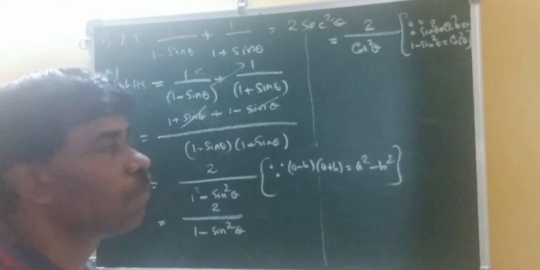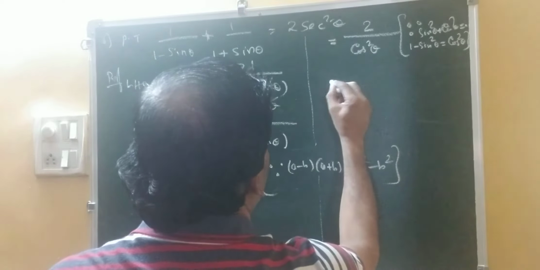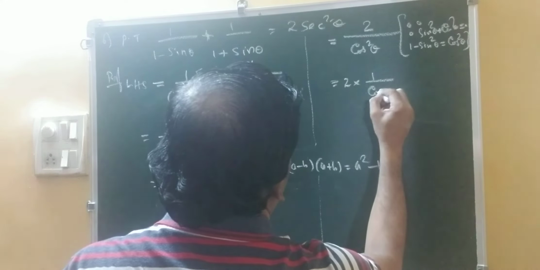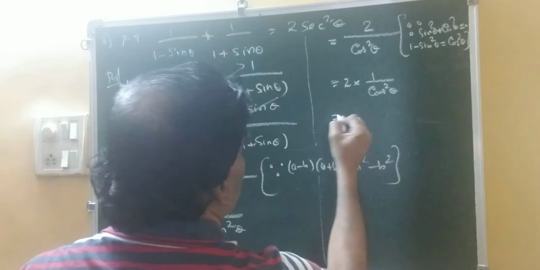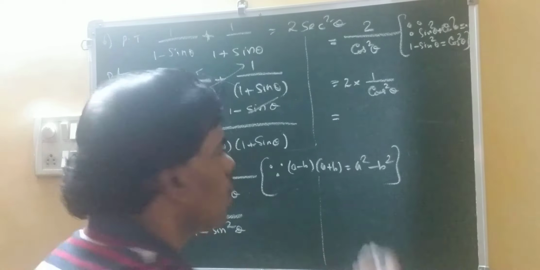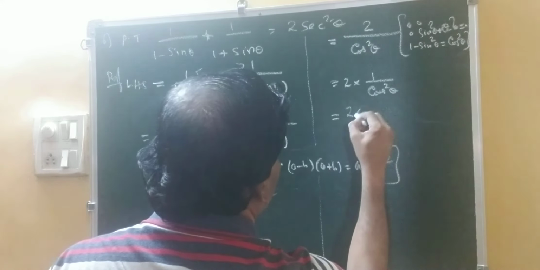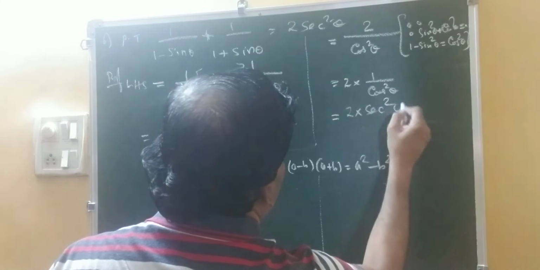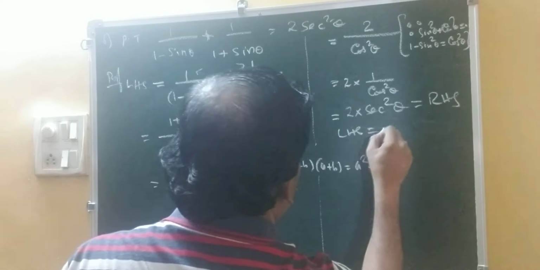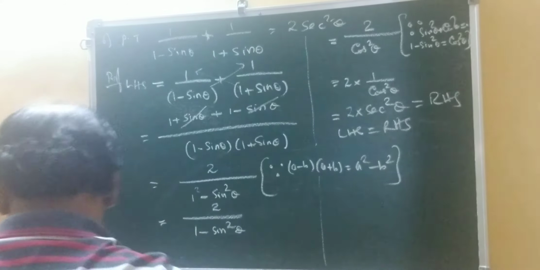Very simple. So, this is 2 into 1 upon cos square theta. What is 1 upon cos? What is the inverse of cos? Sec. So 2 into sec square theta. That is equal to your right hand side. Therefore, LHS equal to RHS.